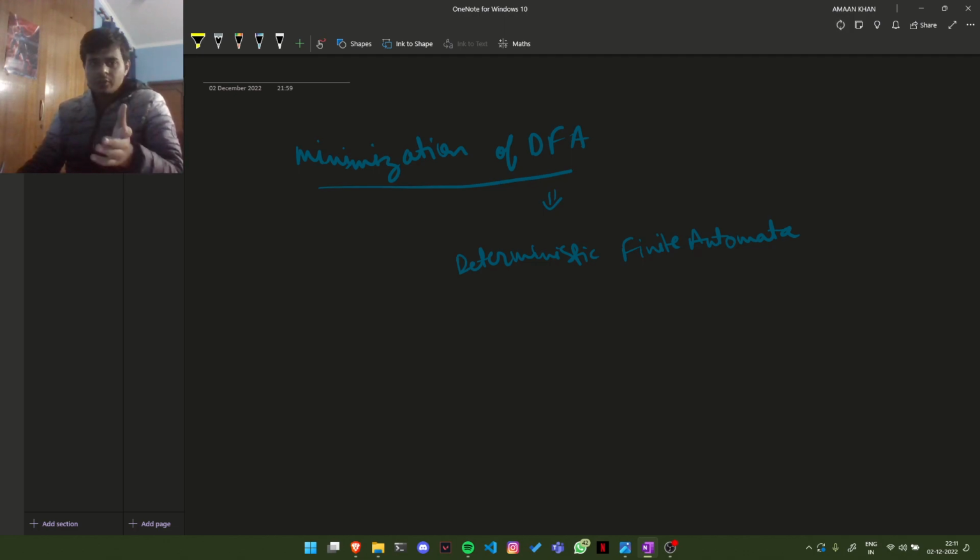There are many kinds of finite automata that we know about. Finite automata broadly can be categorized into two categories: with outputs and without outputs.